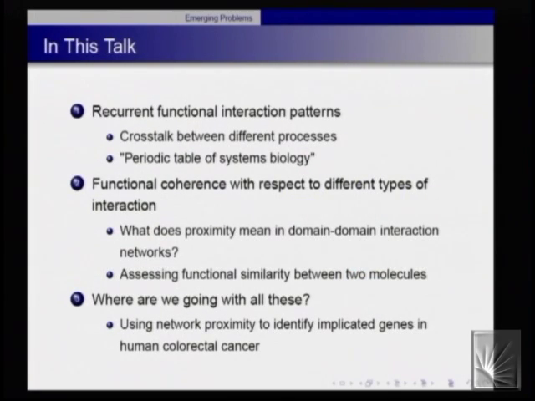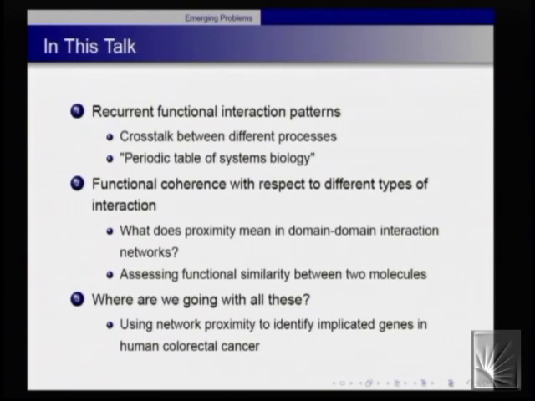So I will talk about two problems if I have time. I will talk about identifying recurrent functional interaction patterns in a network, where we are trying to identify rules of crosstalk between different processes. Then I will talk about a simple exercise which emerged as part of a bigger piece of research that we were trying to do, but I think it illustrated something.